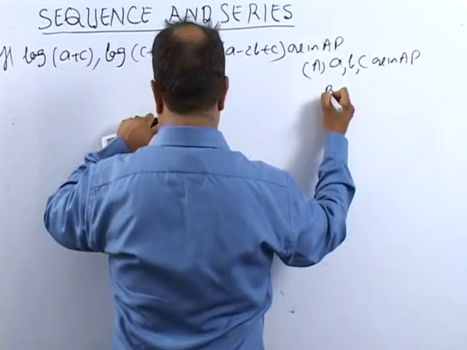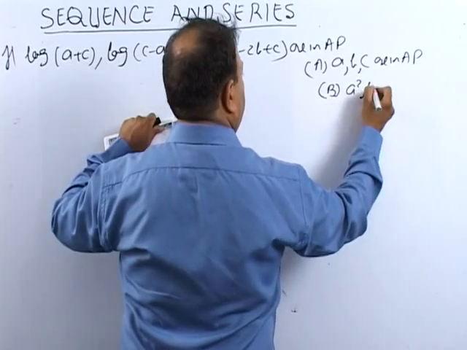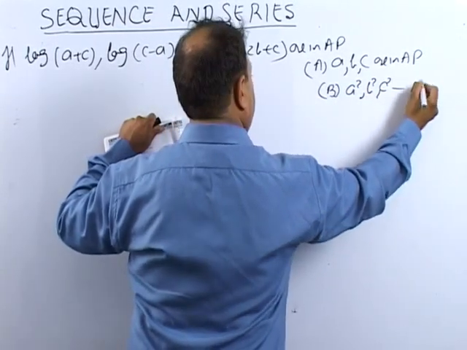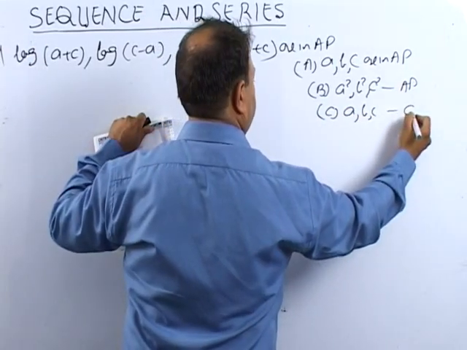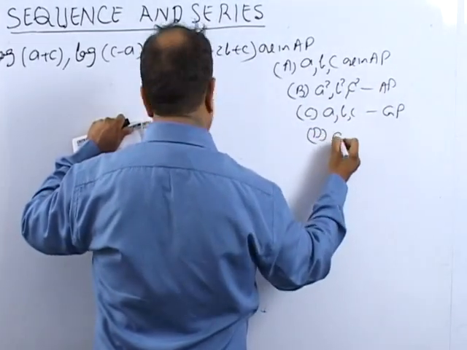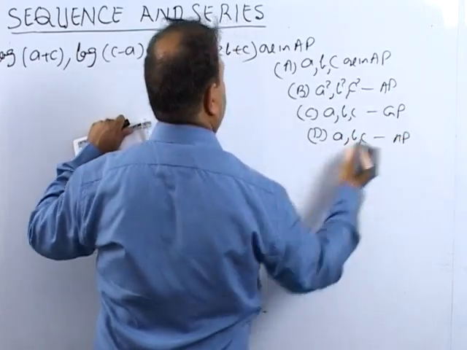Option B is A square, B square, C square are in AP. Option C is A, B, C are in GP. Option D is A, B, C are in HP.